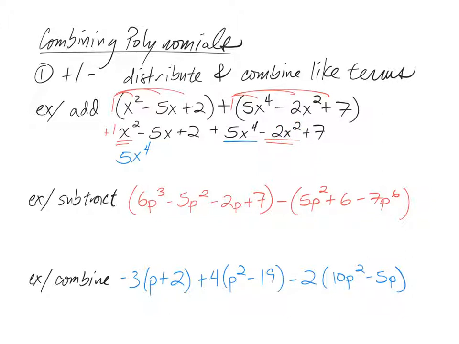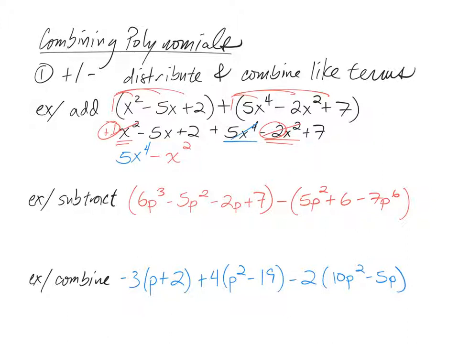Now we can combine the like terms if the variables have the same power. So x squared, we can combine these together, and when we do, we only combine the coefficients. So plus 1, minus 2, that combines to minus 1, and the exponent does not change. So we've taken care of these terms that can be combined.